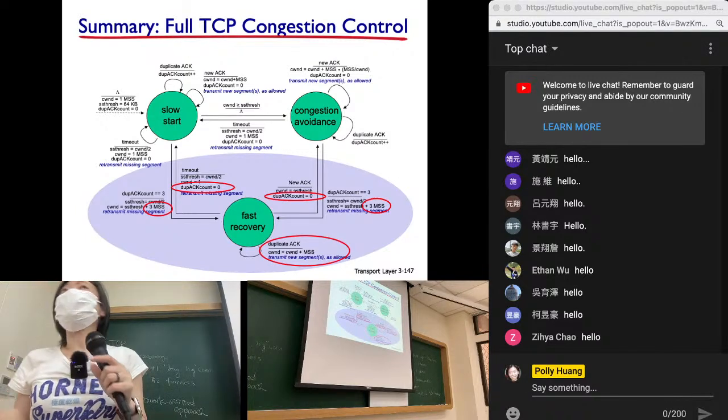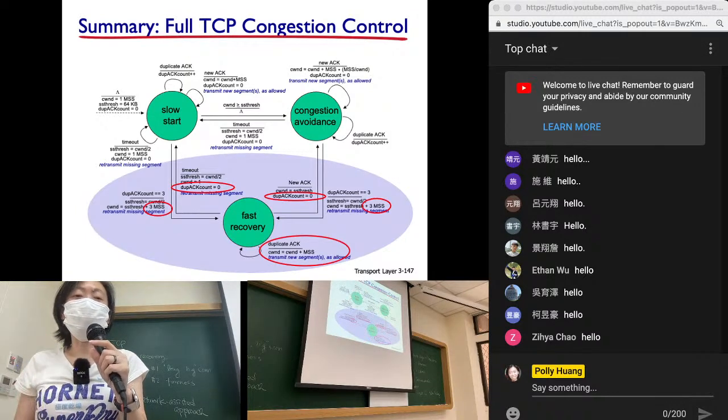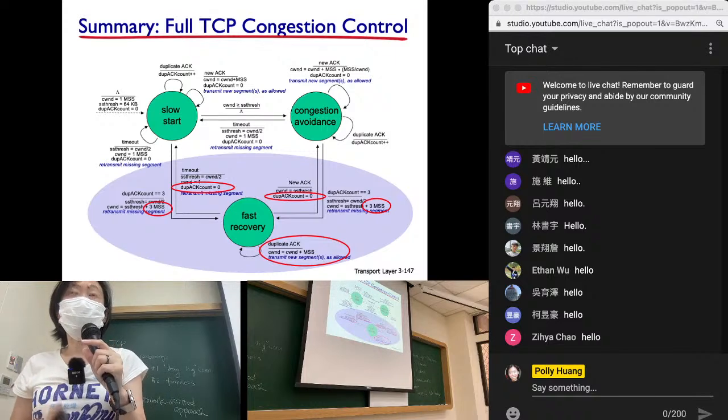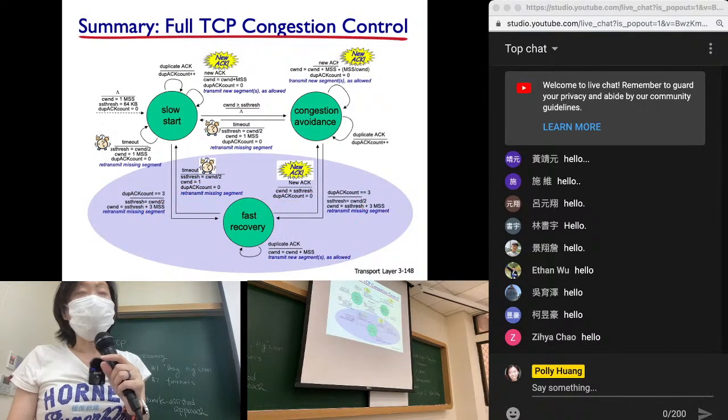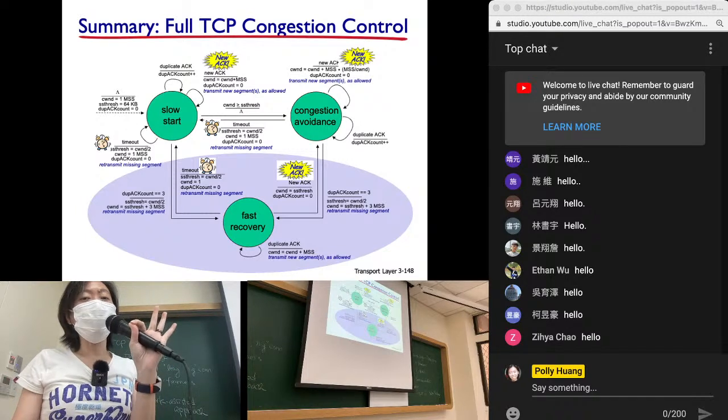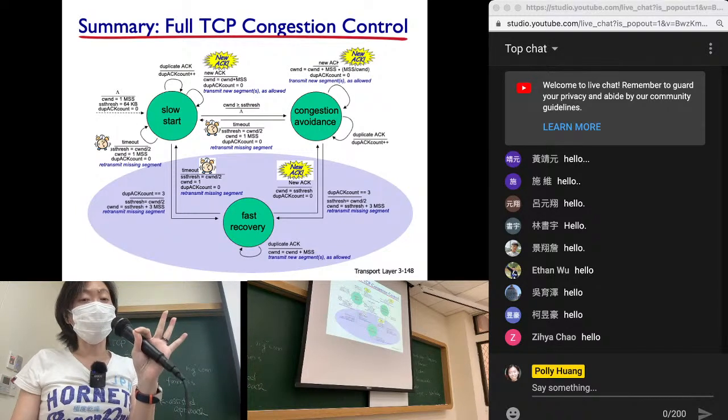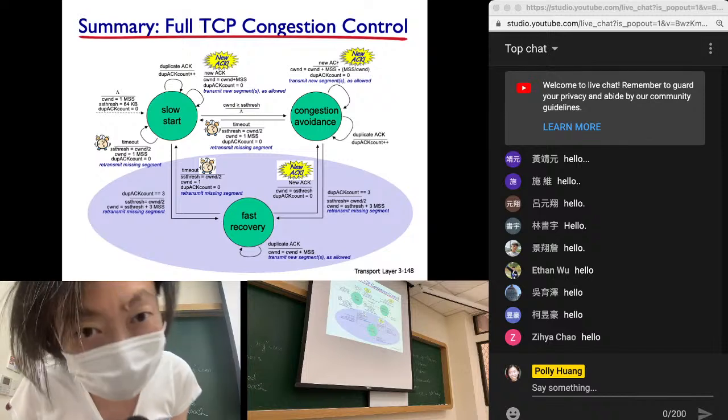All right, so this now is finally the complete FSM of TCP's congestion control. So in total, we have 3 new ACK transitions and 3 timeout transitions. But of course, there are 3 duplicate ACK transitions as well.